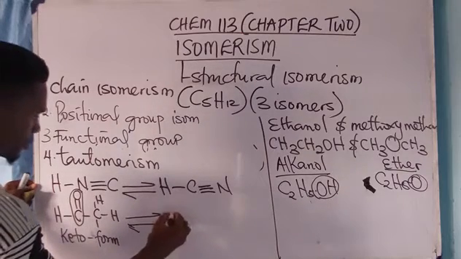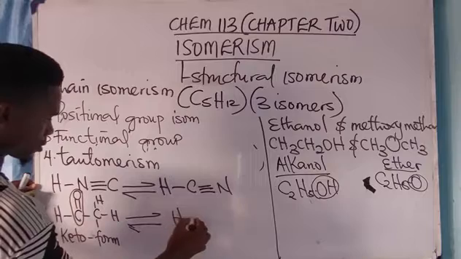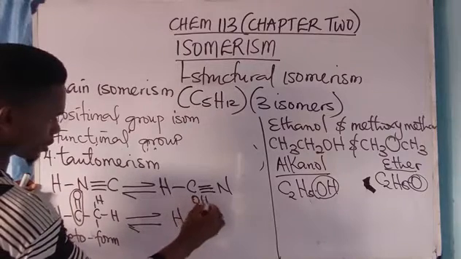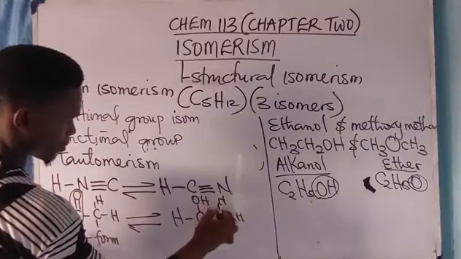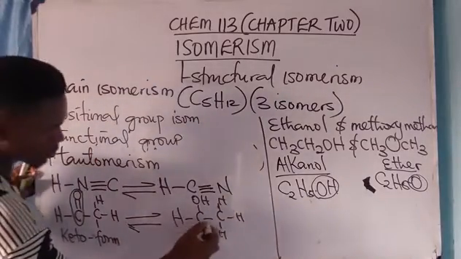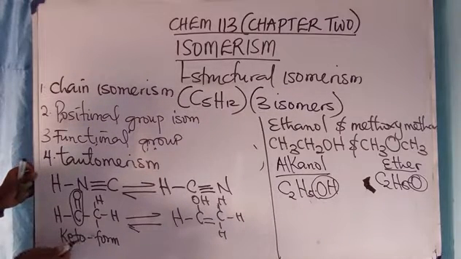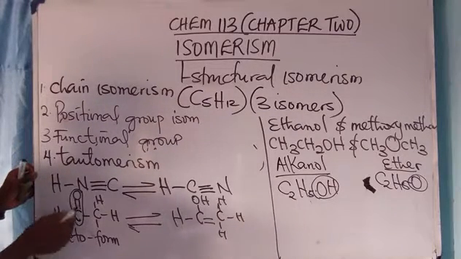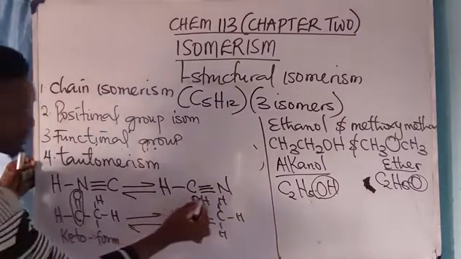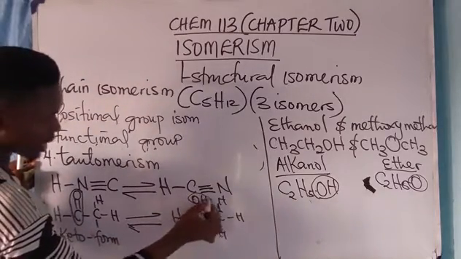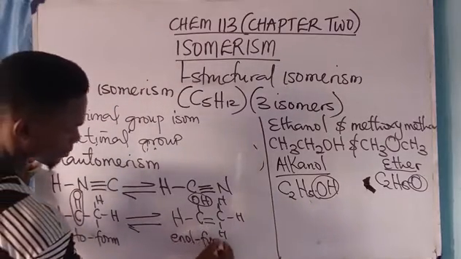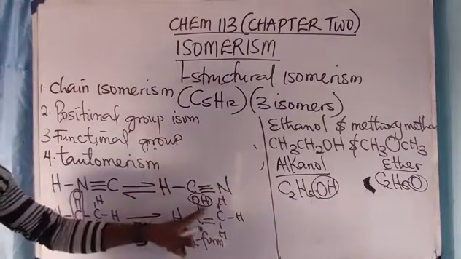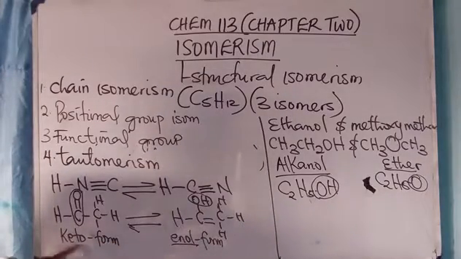If I have this H, C, OH, now, this one is the ketone functional group because of this CO here. Now, this OH is for the alkanol. So this is the enol form. Enol, that is OH, then keto because of CO. Please take note of that.